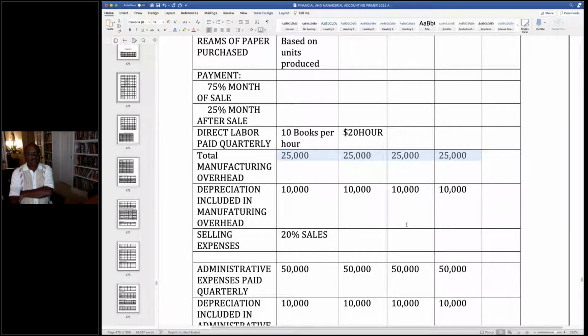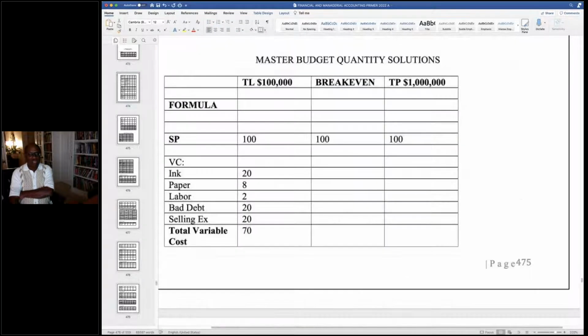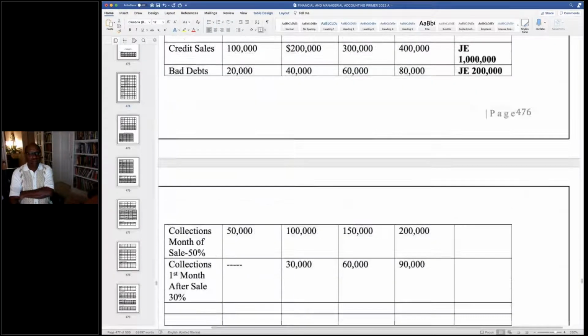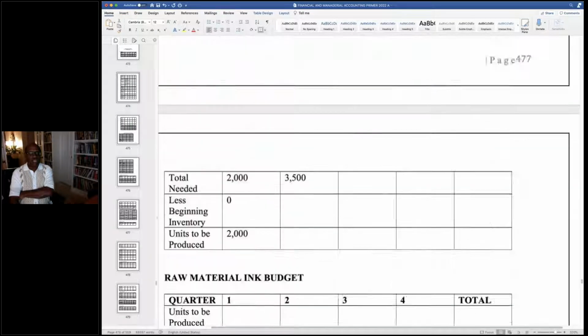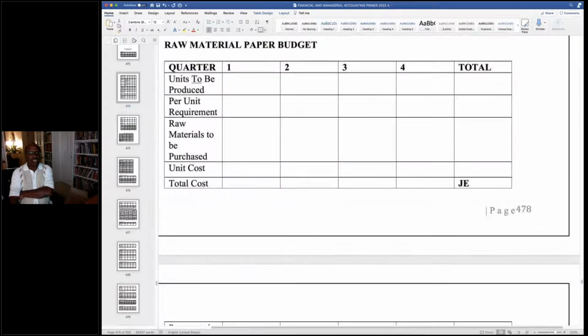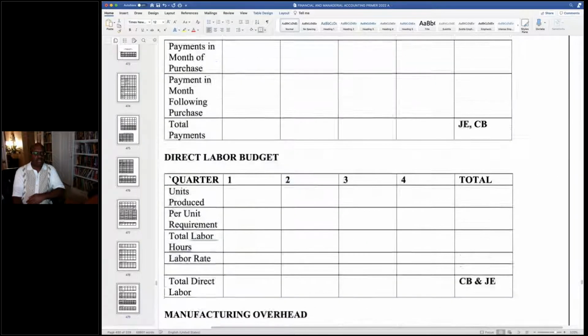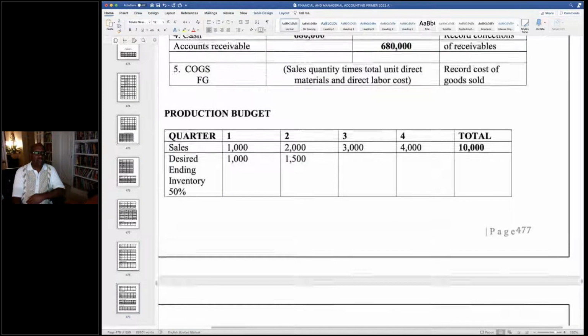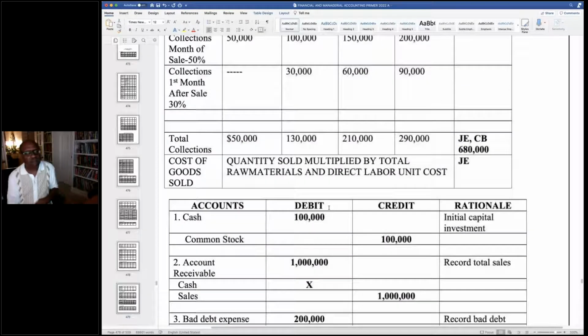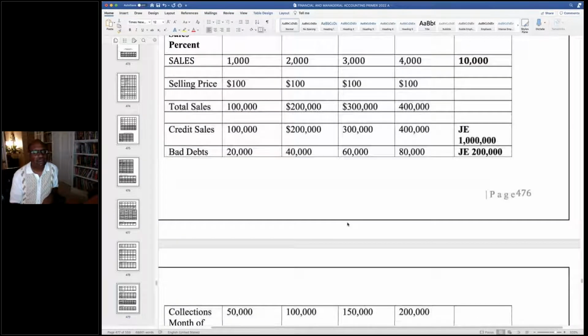Wait, I'm sorry, can you go back up? Well, I just copied something first. Oh, okay. So all you've got to do, then your depreciation, so you're not doing too much, Team 5. Got it?